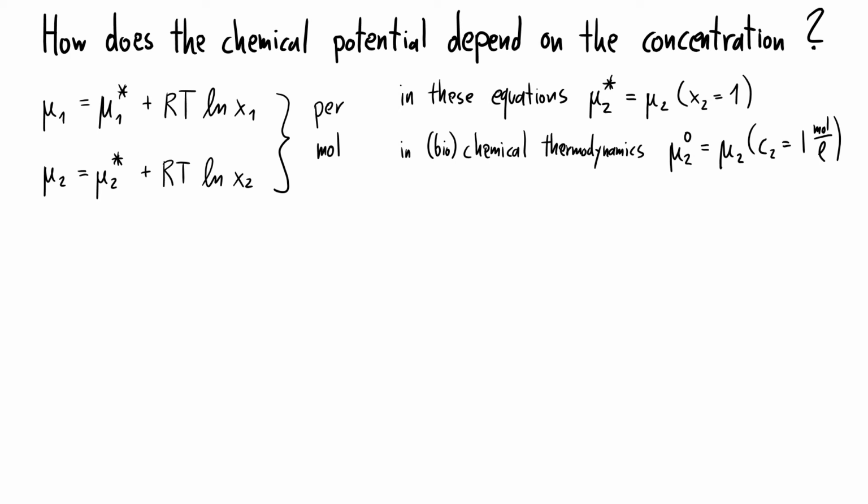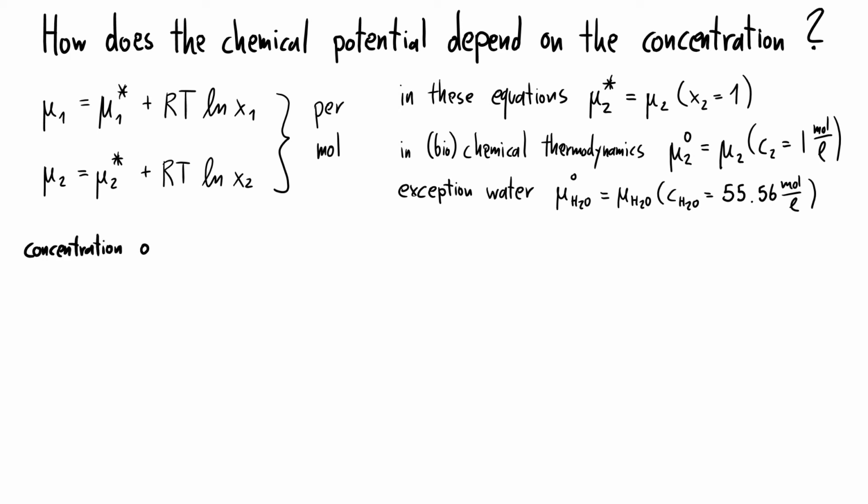So I would like to express this here with the standard chemical potential instead. Only for water is the chemical potential at standard state actually the chemical potential of the pure water, which is 55.6 moles per liter. Okay, so let us obtain a concentration dependence of the chemical potential rather than a mole fraction dependence, which we have there.